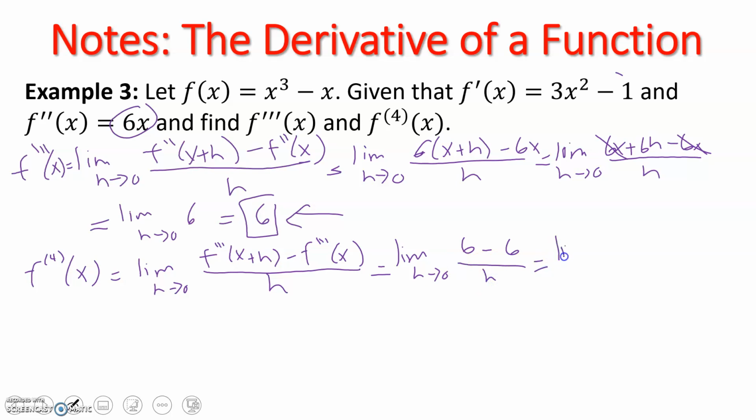So this becomes the limit as h approaches 0 of 0 over h, which is the limit as h approaches 0 of 0, which is 0. So our fourth derivative is 0.